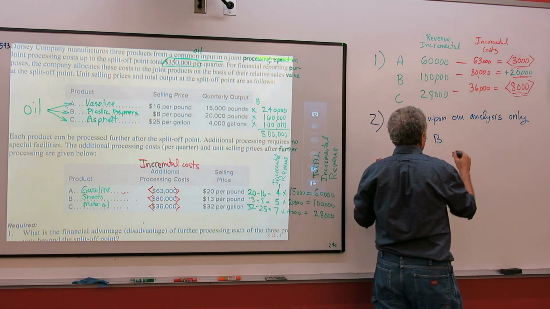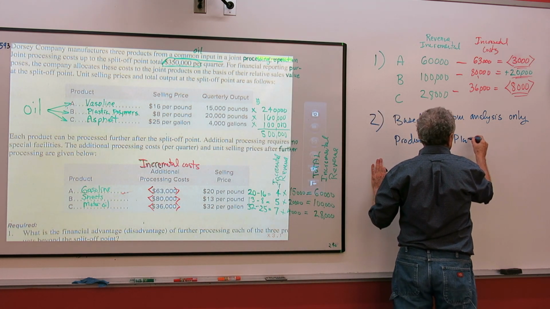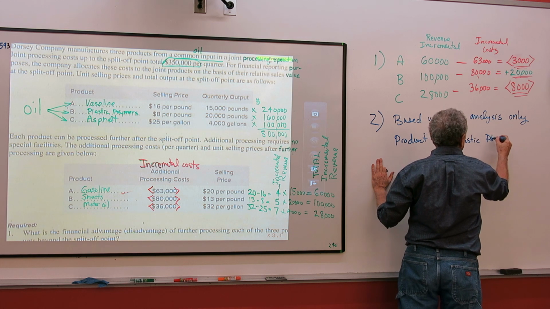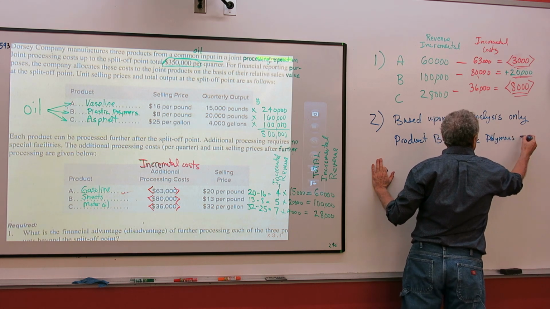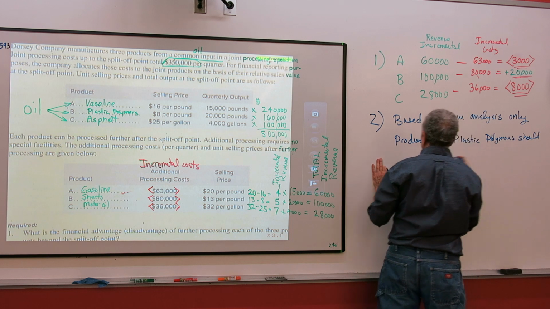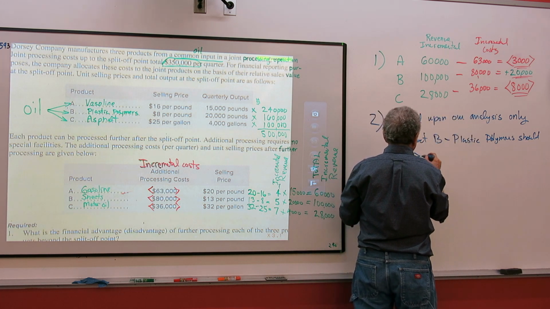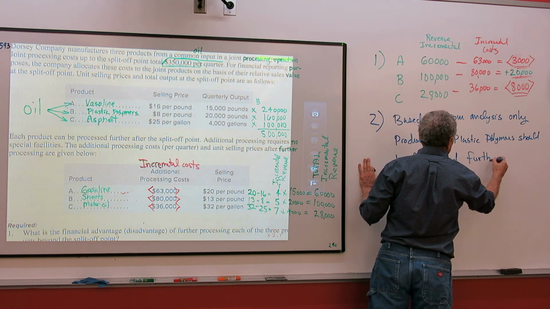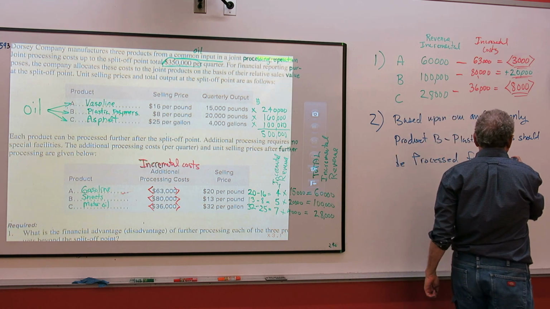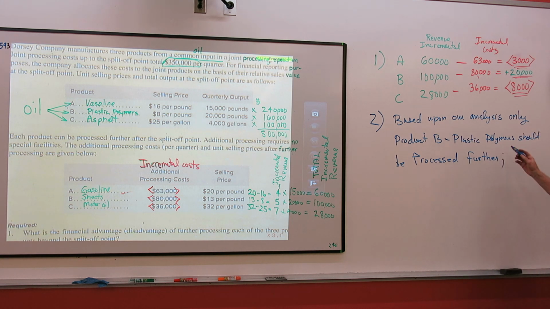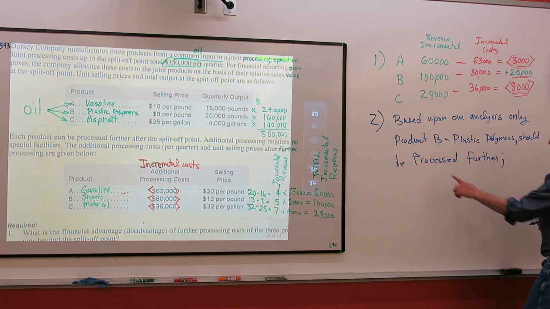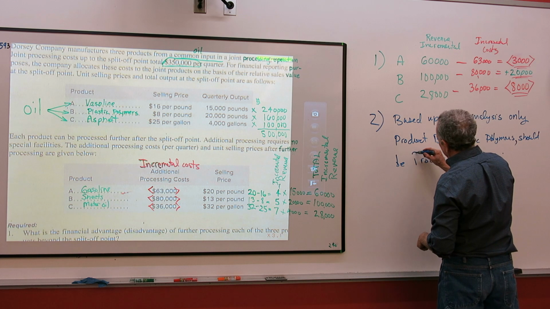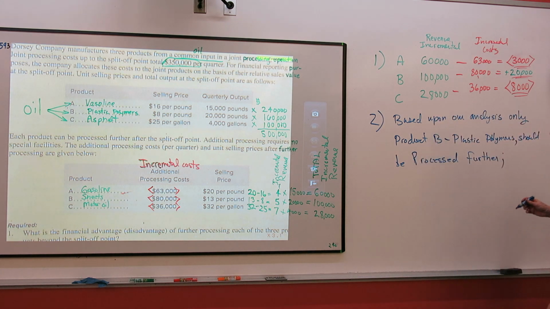Only product B, the plastic polymers, should be processed further. I always like to put a colon, semicolon, I mean, based upon our analysis, only product B, the plastic polymers, should be processed further.